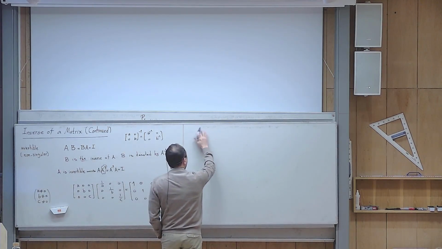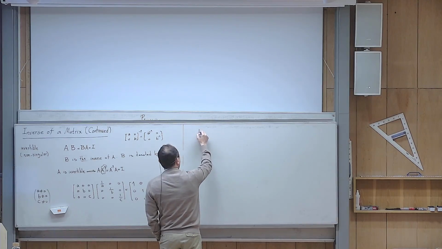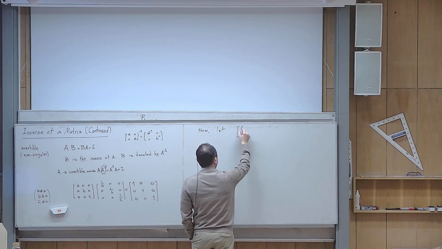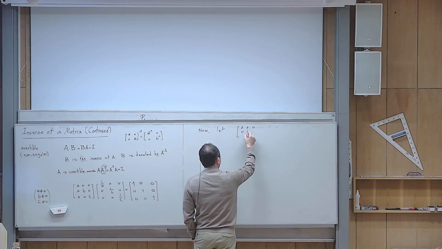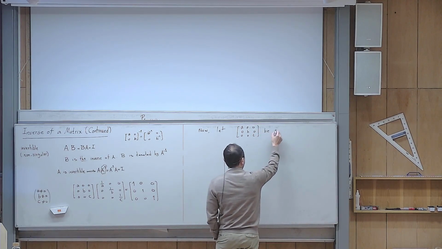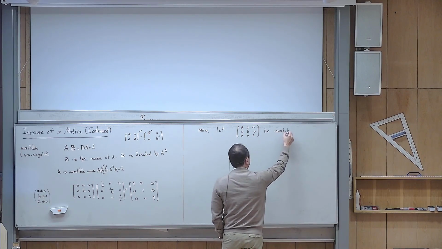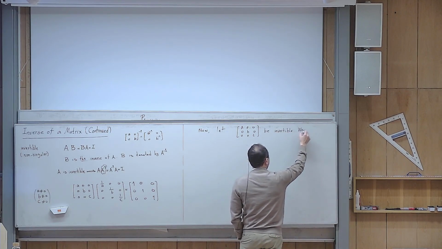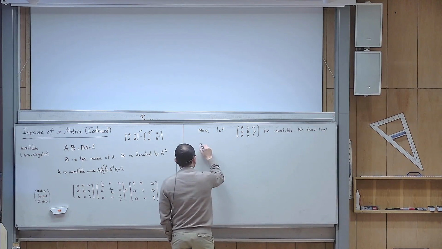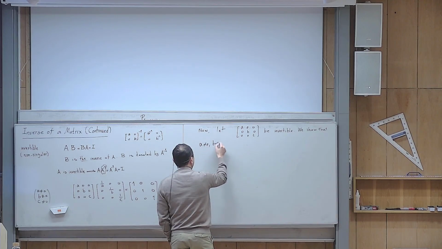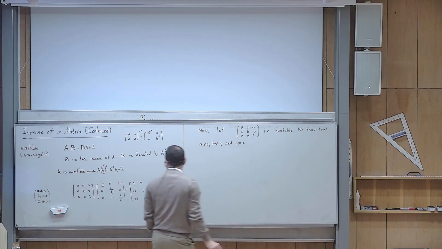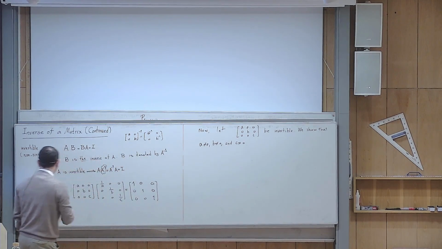So now we have to assume that, so now let the matrix with diagonal A, B, C and zeros elsewhere be invertible. We show that A is not 0, B is not 0, and C is not 0.